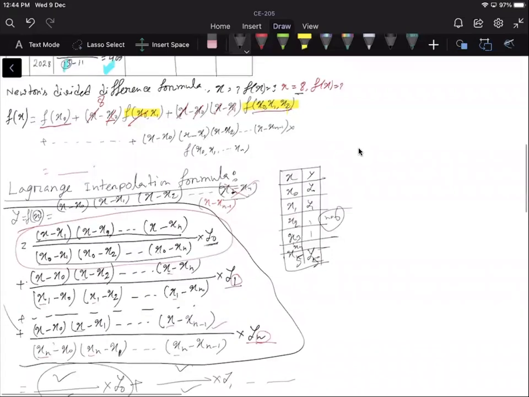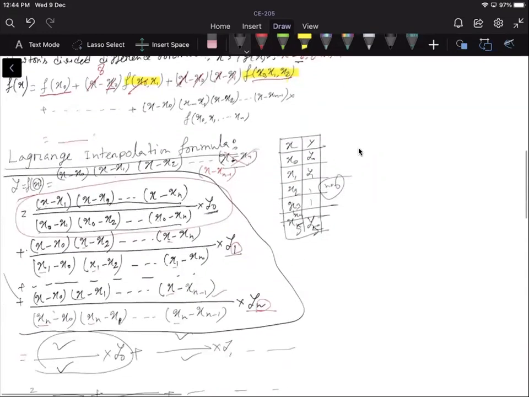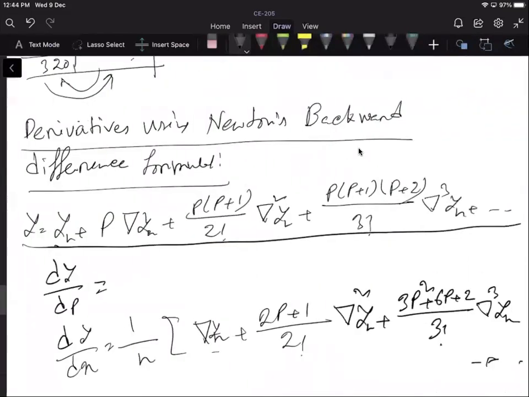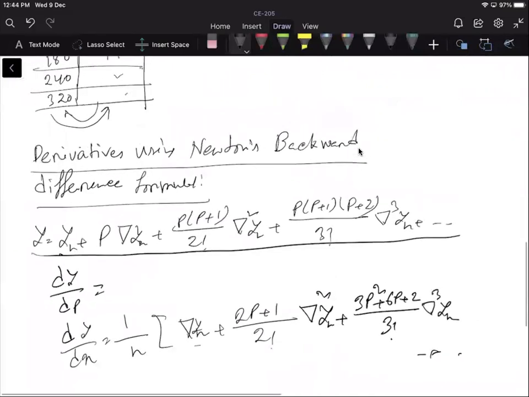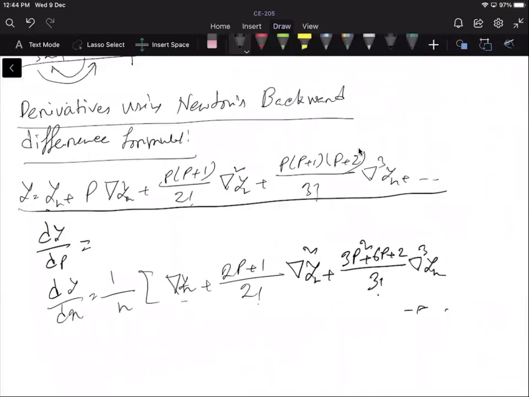These are the techniques. How will you use these techniques based on interpolation? Now we will go for an example to show how to find the first and second derivative of a function.